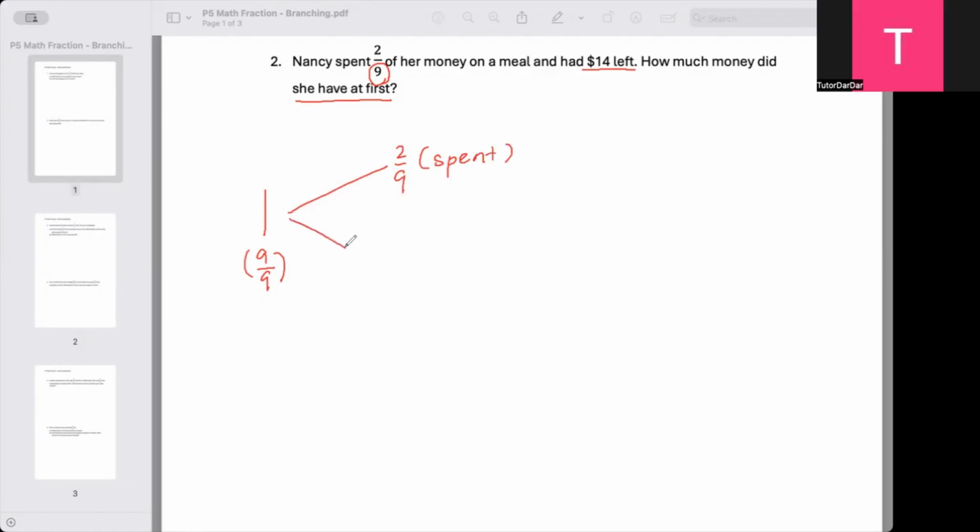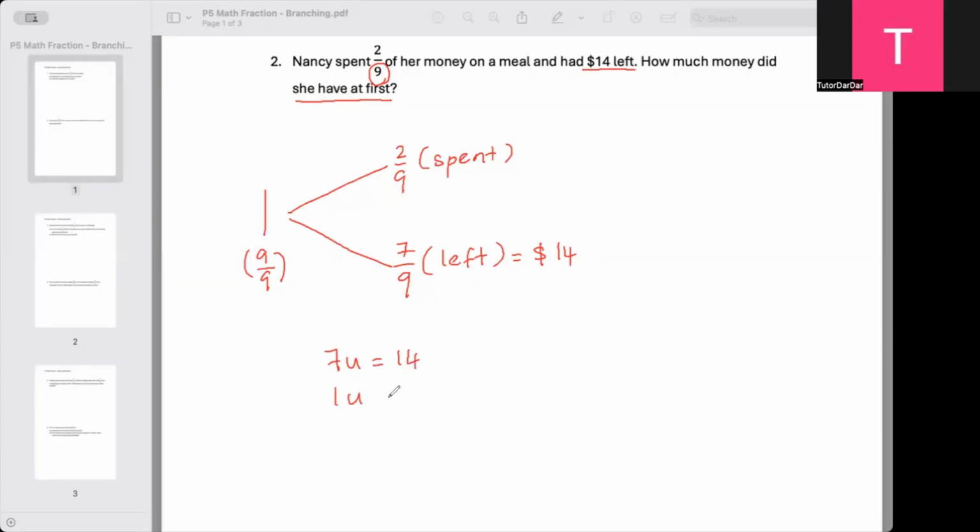So how much are we left with? 9/9 minus 2/9, we are left with 7/9. This is left. So this left is equal to $14. So from here, we can see 7 units is equal to $14.